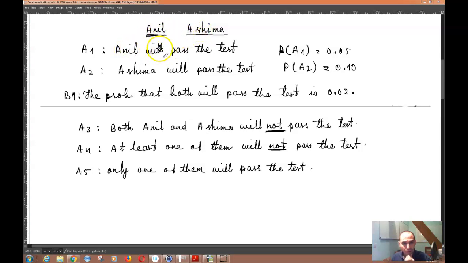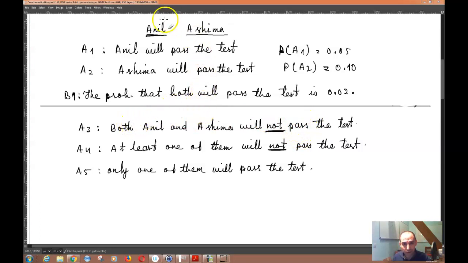I know that the probability of Anil passing the test is 5%, or 0.05, and the probability of Ashima passing the test is 0.10, which is 10%. So that means that Anil has half the chance of passing the test compared to Ashima. And the probability that both will pass the test is 0.02.